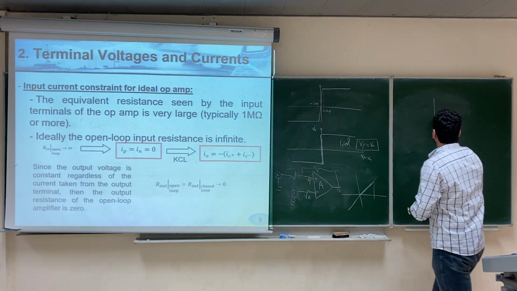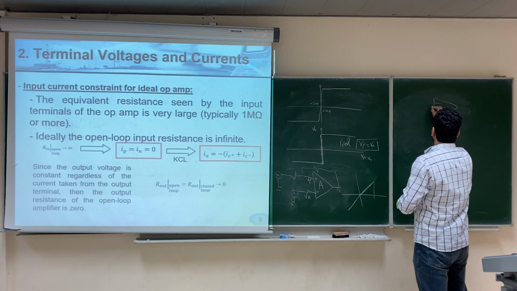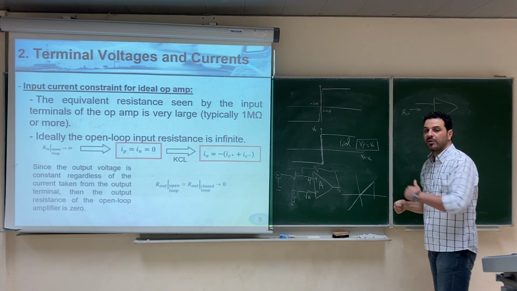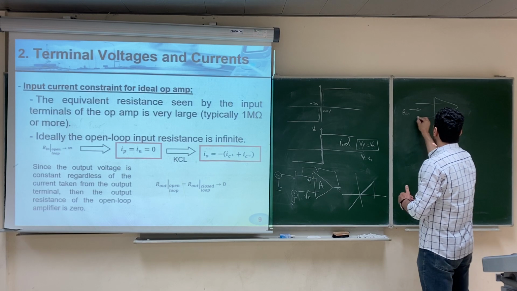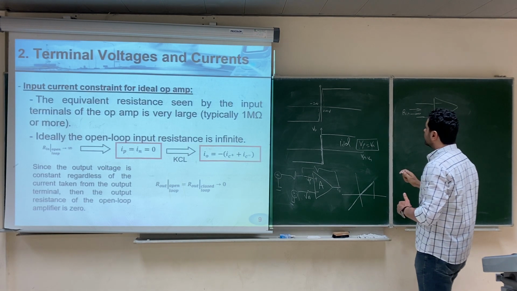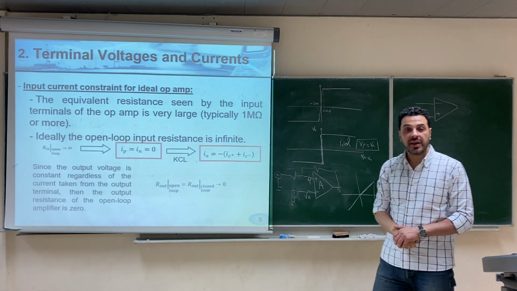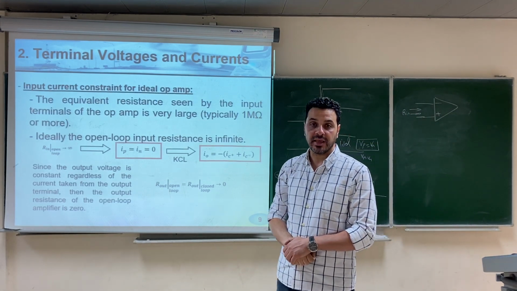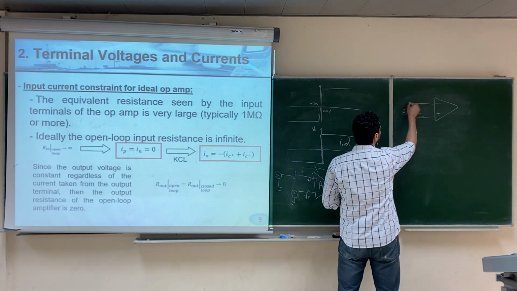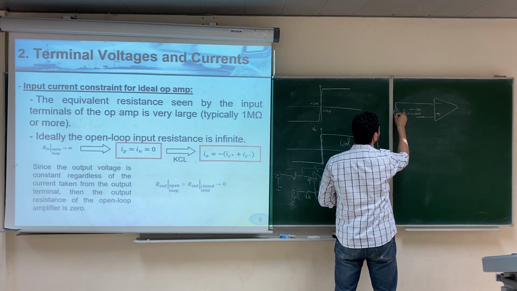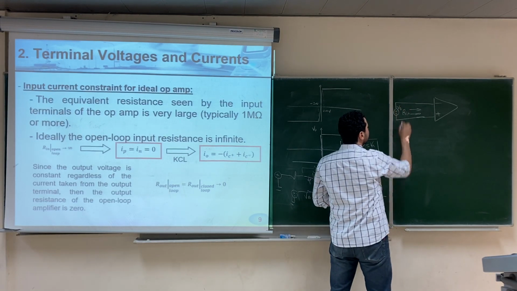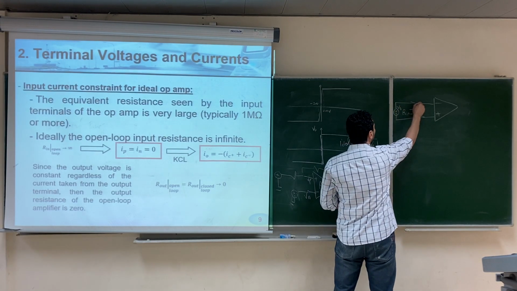For the ideal op-amp, the input resistance, which is the Thevenin equivalent resistance between the two input terminals, goes to infinity. But if the input resistance goes to infinity, what can we conclude here? If the input resistance is infinity, this means that if you connect any source Vs between these two terminals, what will be the current?